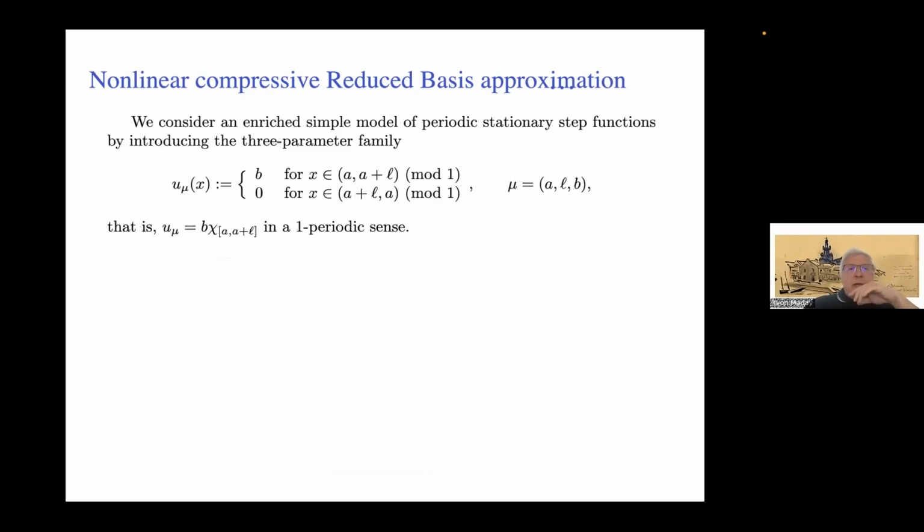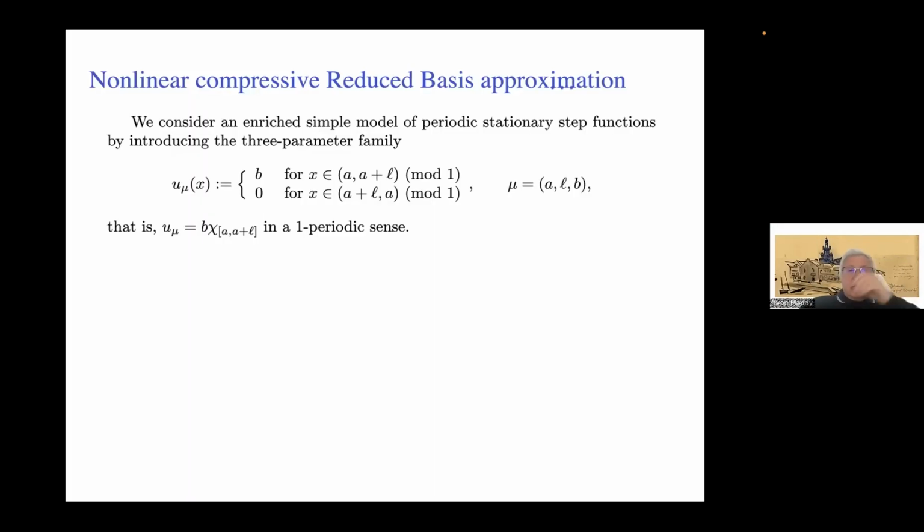So in order to proceed step by step, let us consider a little modification of the step function, which is b times the step function from a to a plus l in a one-periodic sense.